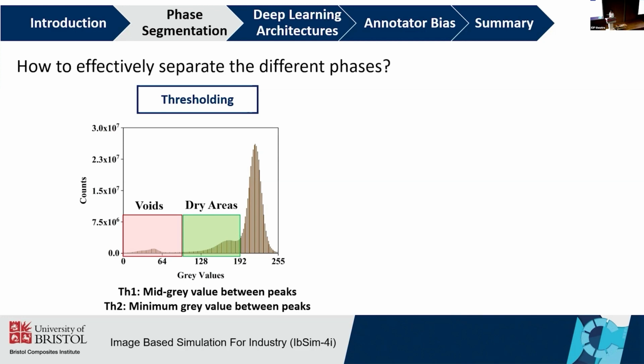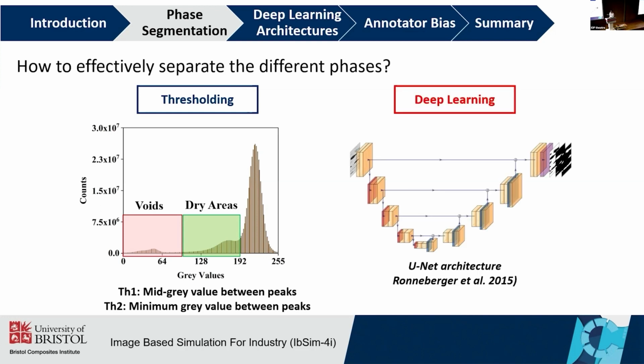So we select the middle gray value of two peaks and we place a threshold. And the other approach is just taking the minimum gray value between two consecutive peaks. So these are two automatic processes that do not require manual or visual identification, which can be a little bit subjective. Then we use deep learning.